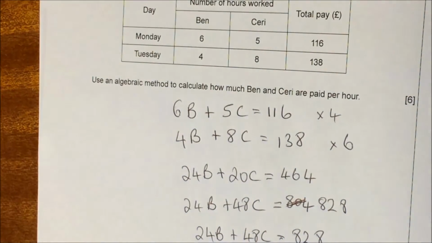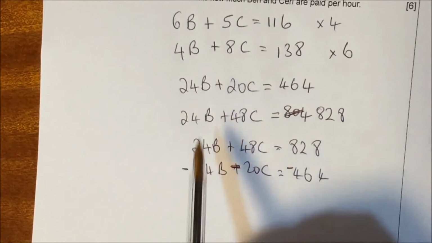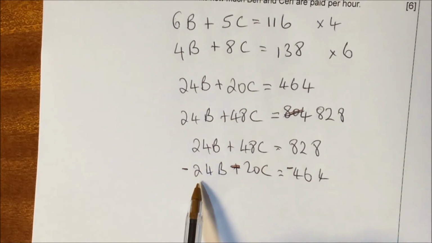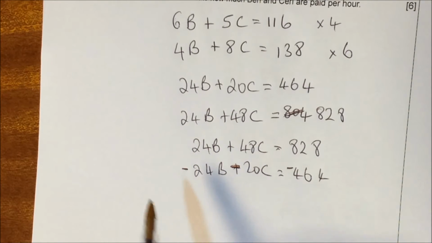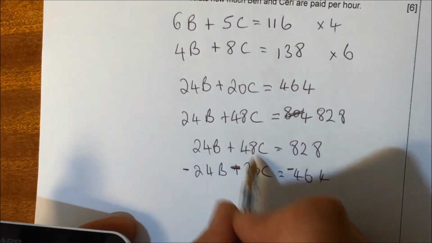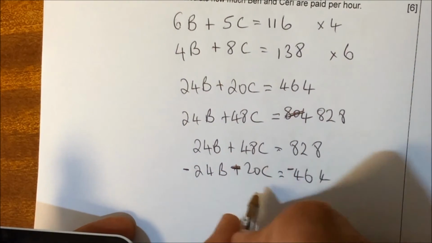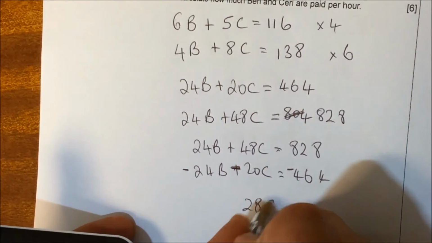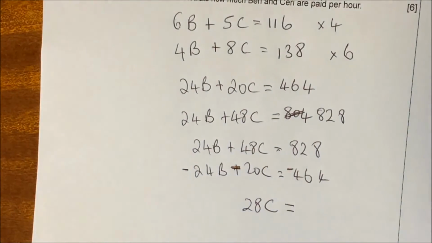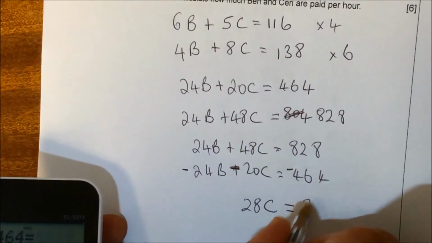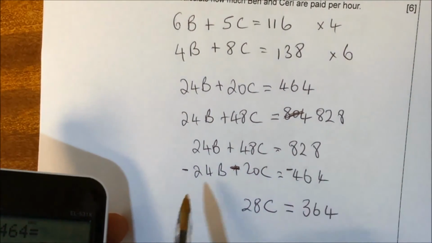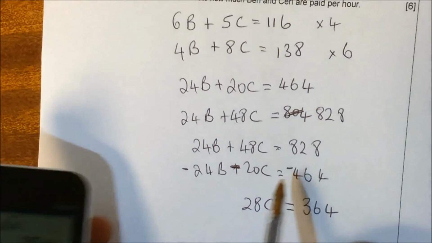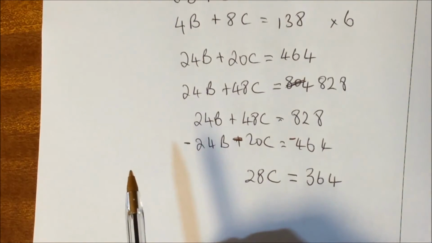It's nicely sorted out in columns, so I can do 24B minus 24B. Well, that's nothing, that's why I'm doing it. 48C minus 20C is 28C, and then I got 828 take away 464, and that's equal to 364. Remember, there was an invisible plus in front of these numbers, so I've changed it to a minus.